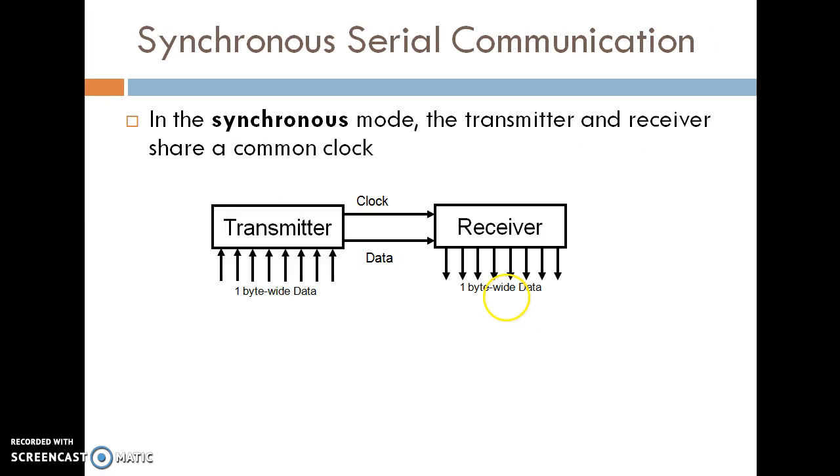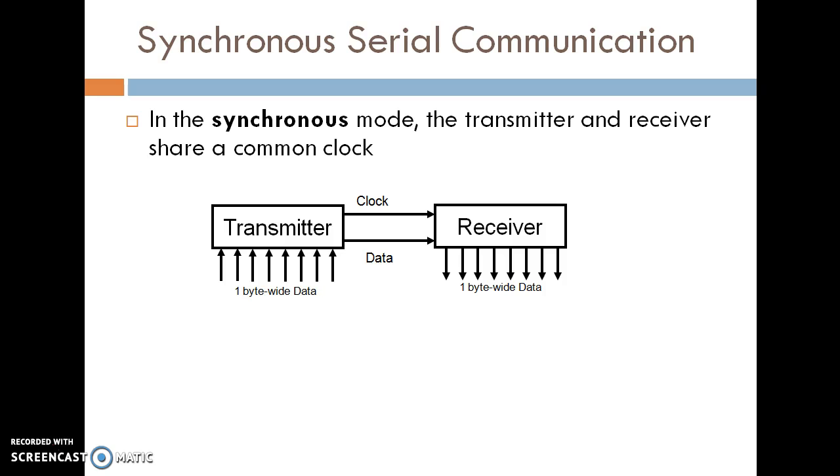In synchronous serial communication, the transmitter and receiver share a common clock. The transmitter typically provides the clock as a separate signal in addition to serial data. So what is the function of the transmitter here? It shifts the data onto the serial line using its own clock.